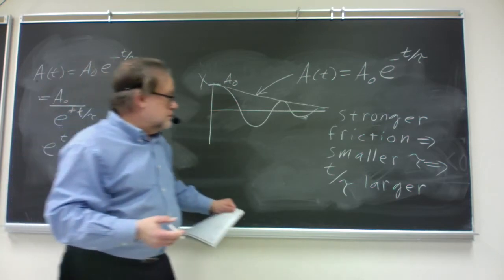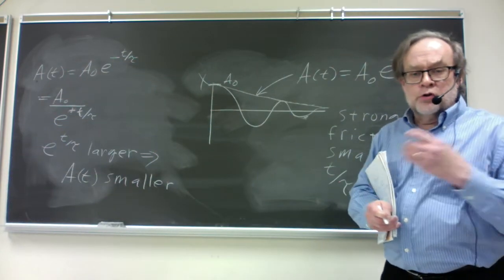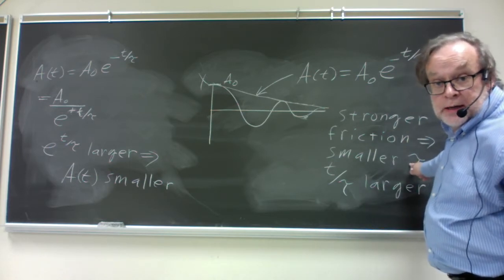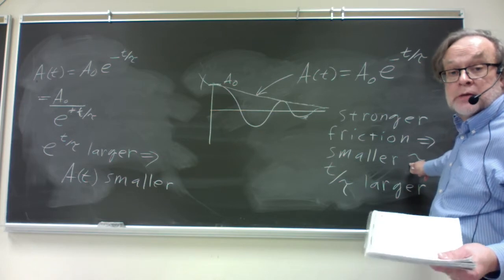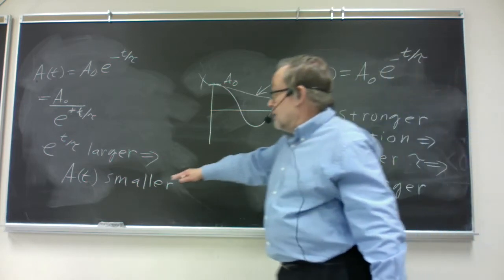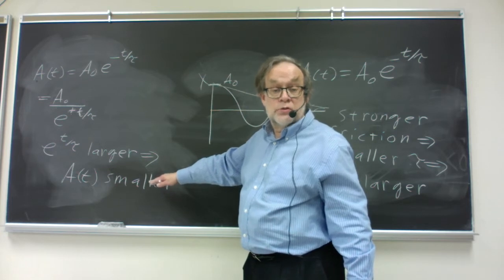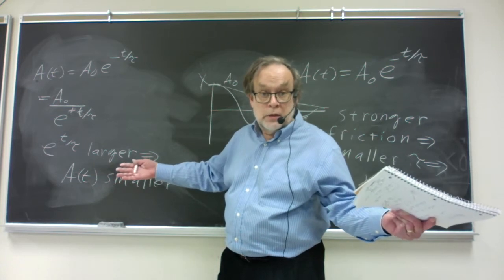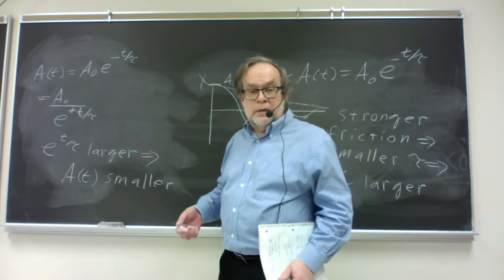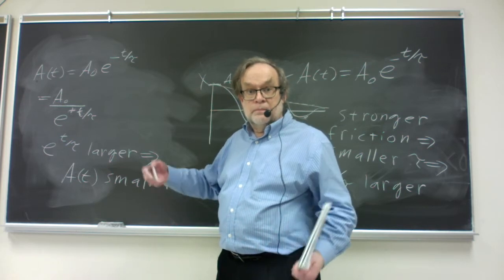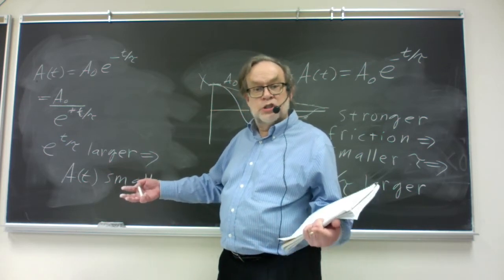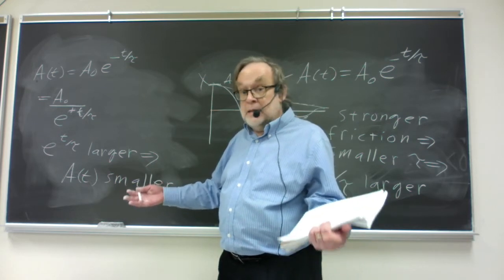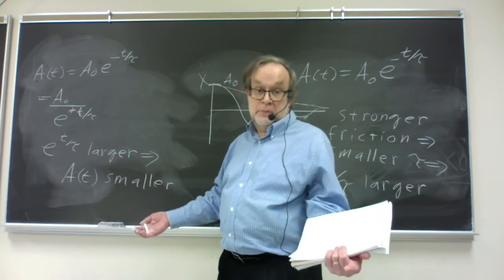In other words, for strong damping, which is indicated by small values of tau, stronger damping, which is indicated by smaller and smaller values of tau, that results in smaller and smaller values of amplitude for any time you might choose. Well, if at any particular time the amplitude is smaller than it would have been at that time, it got smaller because the damping was stronger.